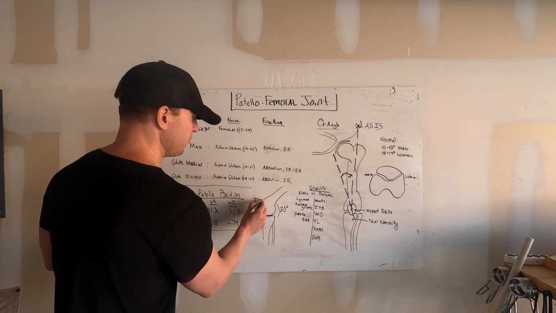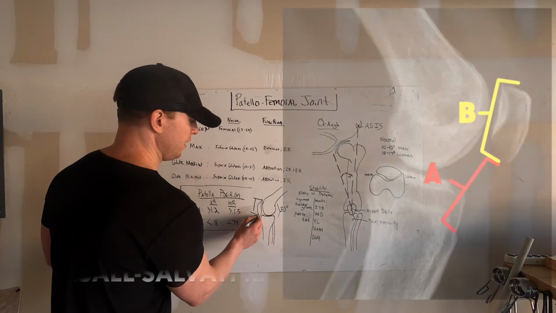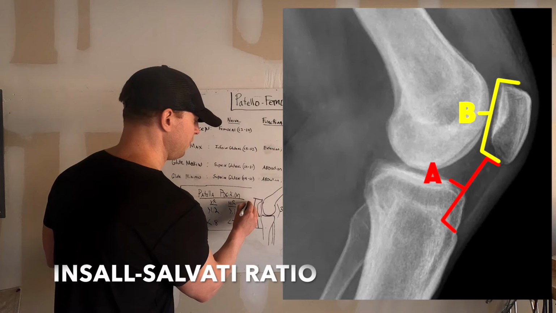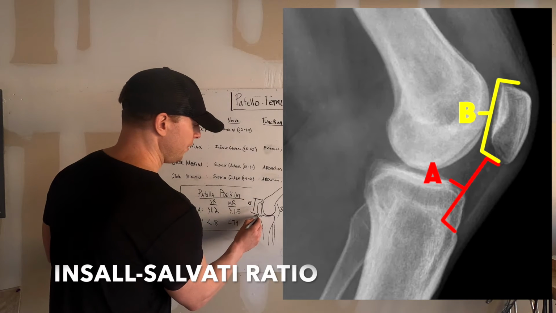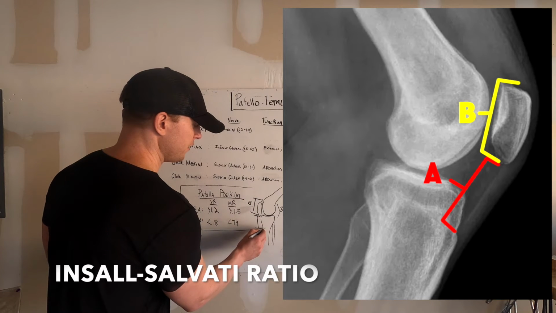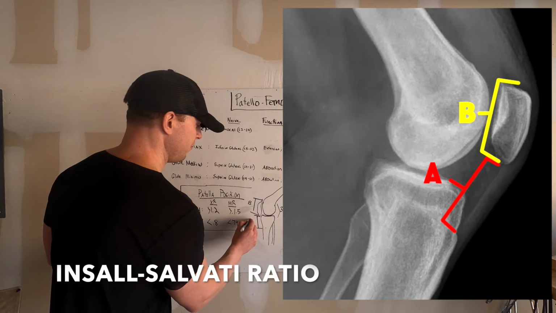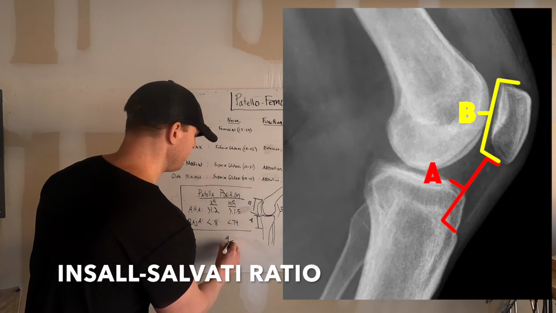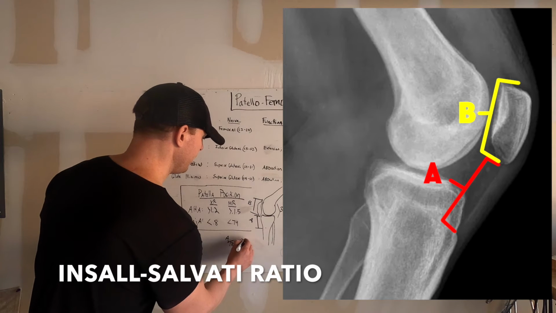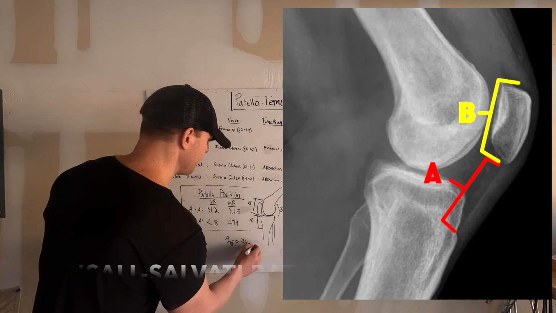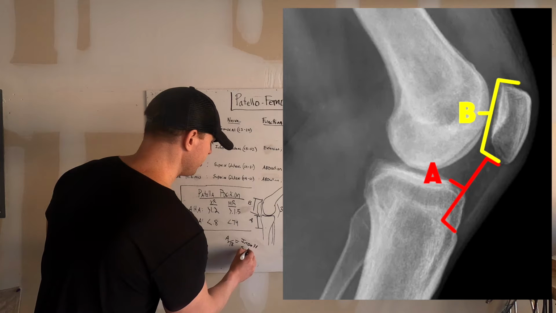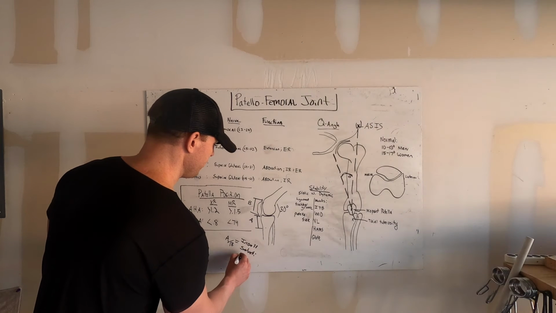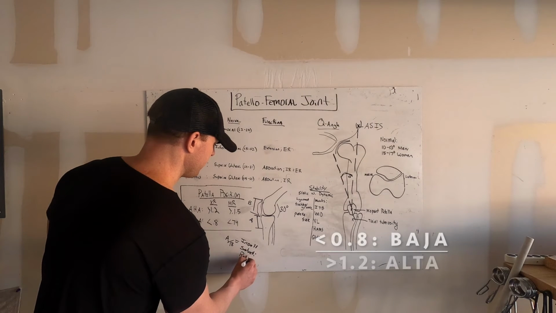So you're going to look at the superior pole of the patella and the inferior pole of the patella. That will be B. And then from the inferior pole of the patella to the tibial tuberosity where it attaches will be A. And then A over B will give you your Insall-Salvati ratio.